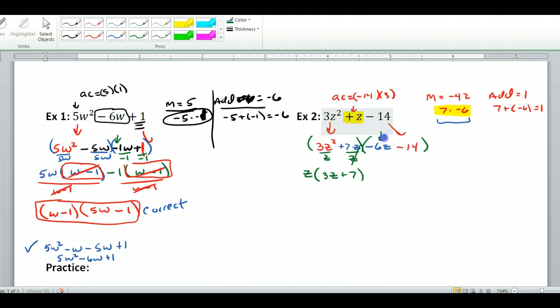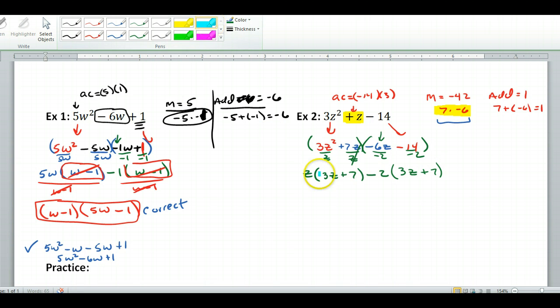And again, the leading coefficient is negative, so make sure you factor out that negative. Between 6 and 14, the common factor is 2. You cannot factor out a z because they both do not have a z. So I'm going to factor out the negative 2. Negative 6z divided by negative 2 is positive 3z, and negative 14 divided by negative 2 is positive 7.